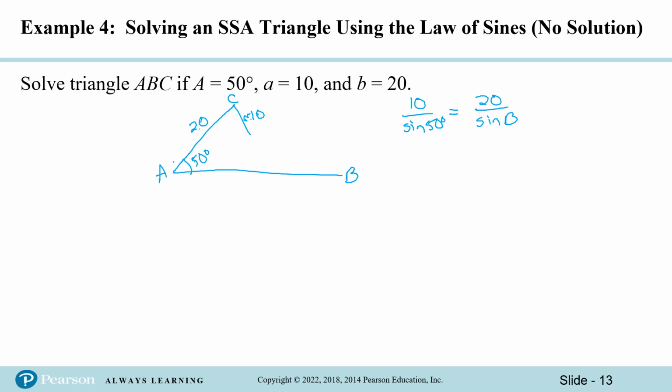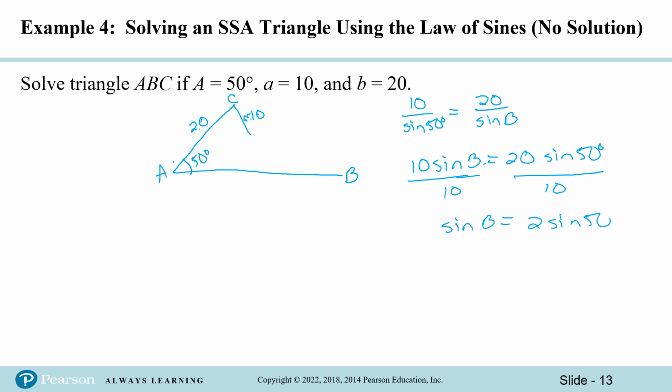So we're going to cross multiply, and we have 10 sine B is equal to 20 sine 50. Divide both sides by 10, and we have the sine of B is equal to 2 sine 50.